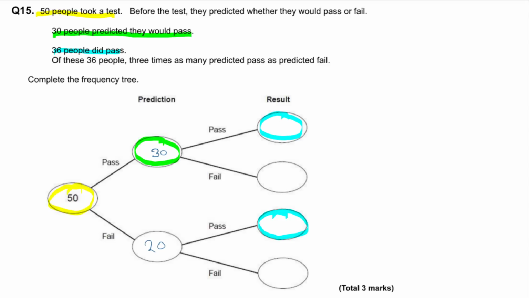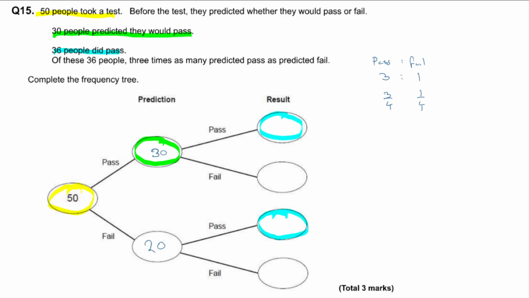So the ratio of predicted pass to predicted fail is 3 to 1. That means 3/4 of them predicted pass and 1/4 predicted fail, because I added the 3 plus 1 together, got 4, so there must be 4 parts. So 3 out of 4 pass, 1 out of 4 fail.